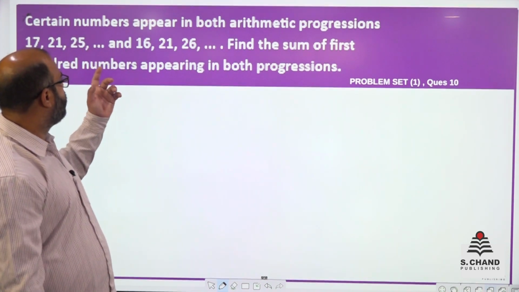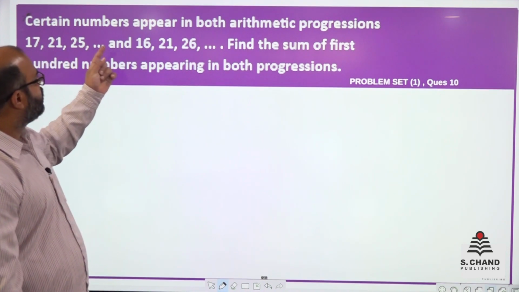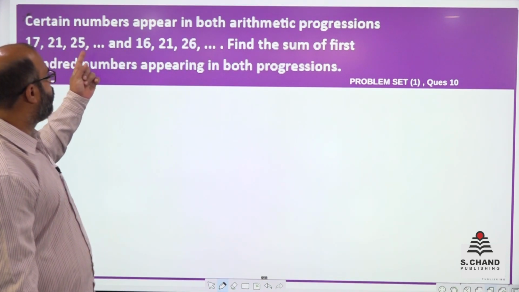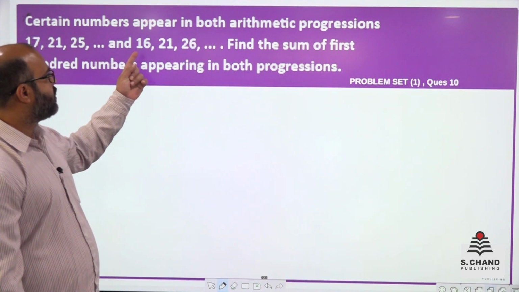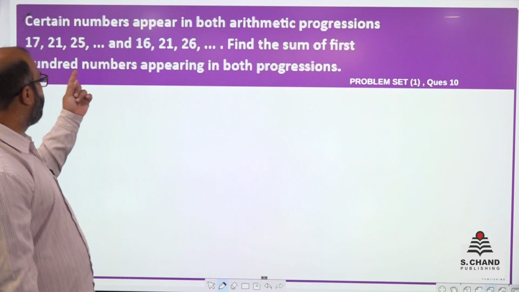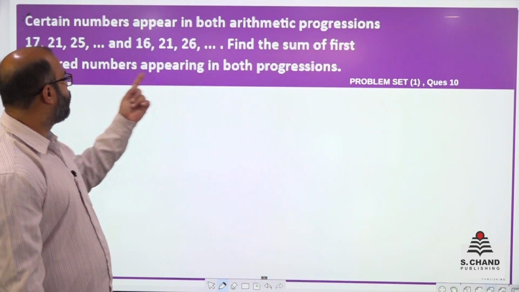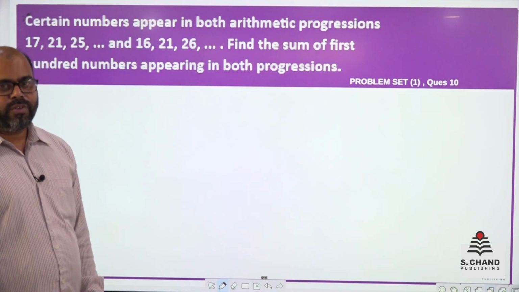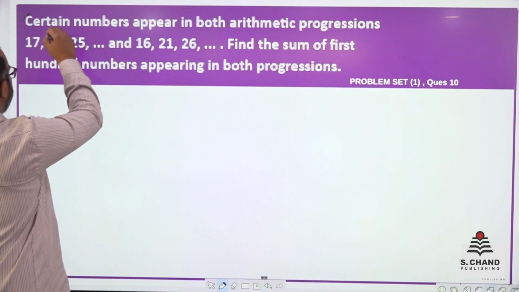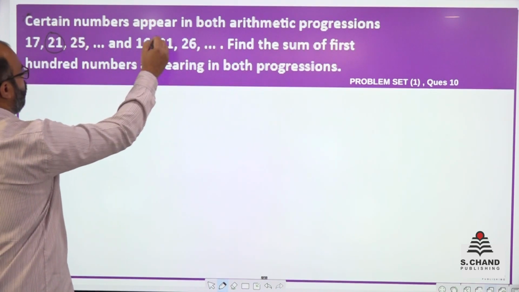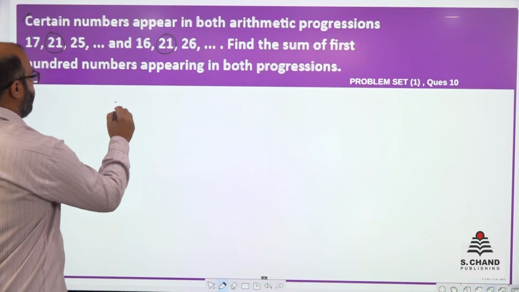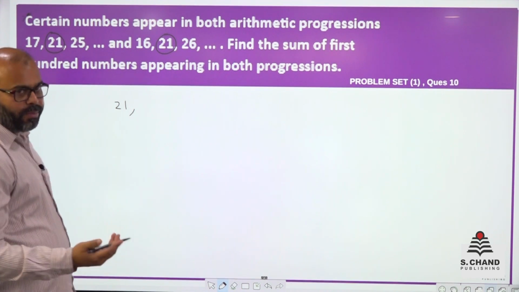This is the first question. It says certain numbers appear in both arithmetic progressions 17, 21, 25 and so on, and 16, 21, 26 and so on. Find the sum of first 100 numbers appearing in both progressions. So first we see what are the numbers which are common. Here 21 is the first term, and here also 21 is the first term which is common to both the APs. Next term, which term will that be?